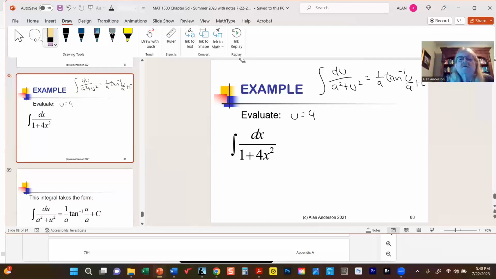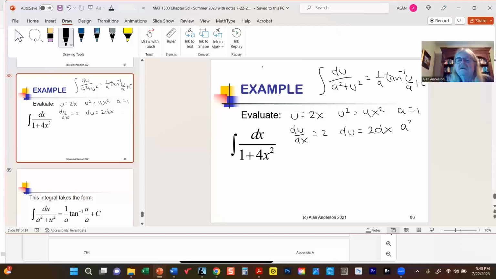So let's try u equals 2x. du/dx is 2. du is 2dx. And a would be the 1, so that a squared is 1.